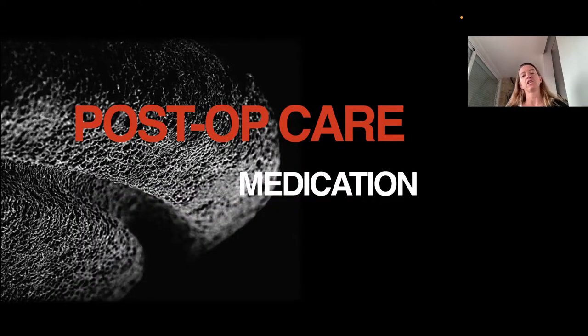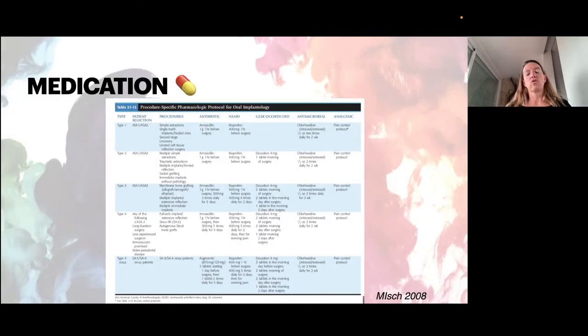In terms of medication, very important to understand that our patients need medication after the surgery. Of course, there are several types of surgeries, and depending on the type of patients that we have and the procedures that we do, the medication that we advise our patients to have.